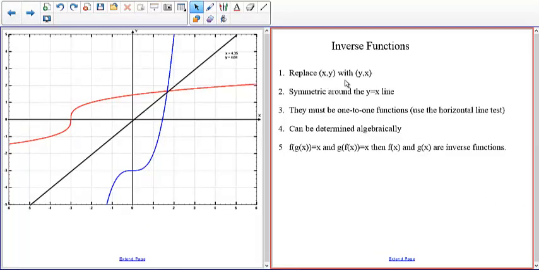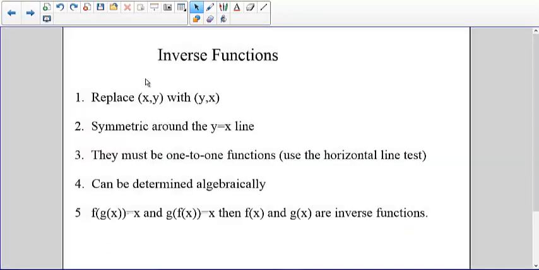Here's replace x with y. So here's the kind of review of inverse functions. You can take ordered pairs and switch the ordered pairs, make (x, y) into (y, x). Inverse functions are symmetric around the line y equals x. The original functions must be one-to-one functions.